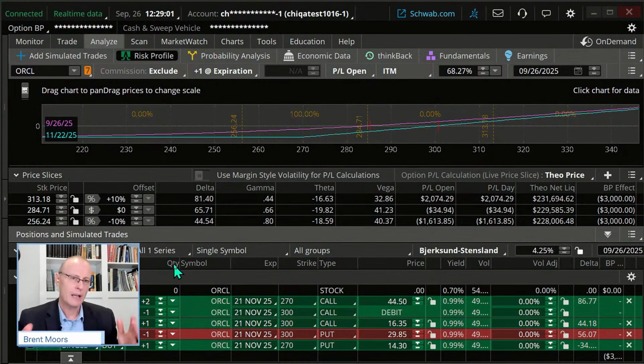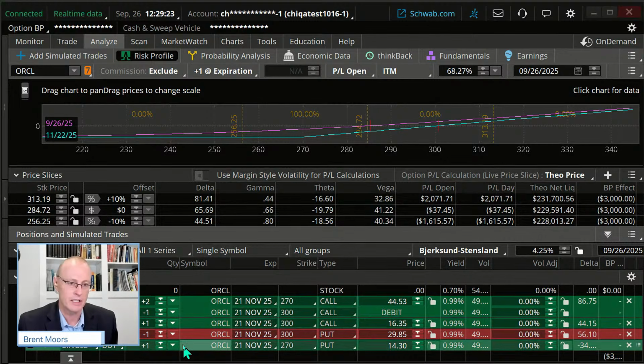So a lot of times in these trades, when we're trying to debate which one should I do, it's kind of six of one, half a dozen of the other, so to speak, right? They're pretty similar, but by using this tool, you can help distinguish which one you want.